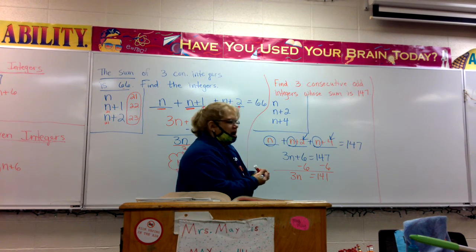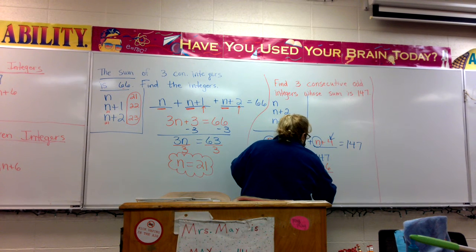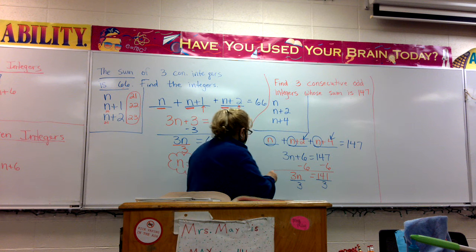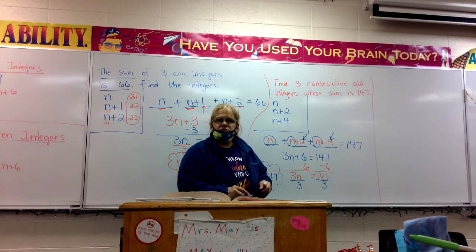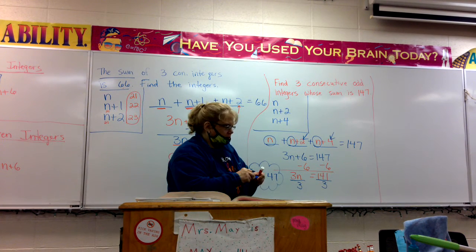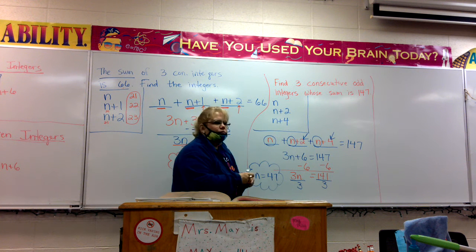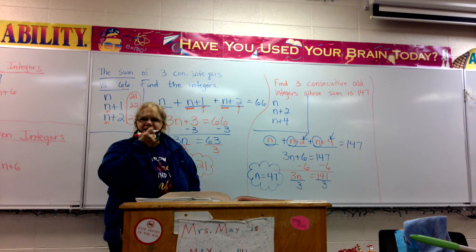Let's keep our fingers crossed. Does that come out to be a whole number? Does that come out to be 47? Does it? Help me. She says yes. We'll just go with it then. n is 47. Now, I'm supposed to find three consecutive odds.